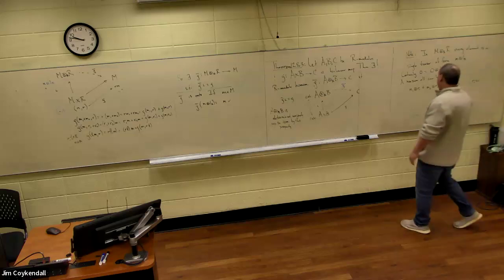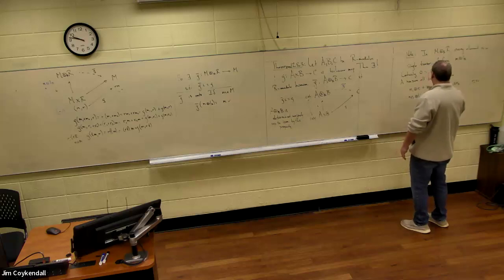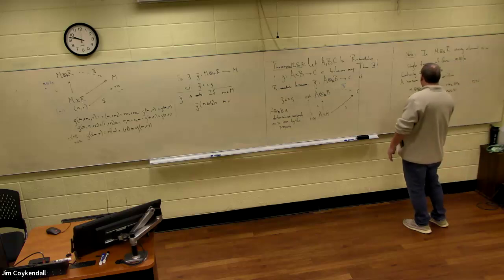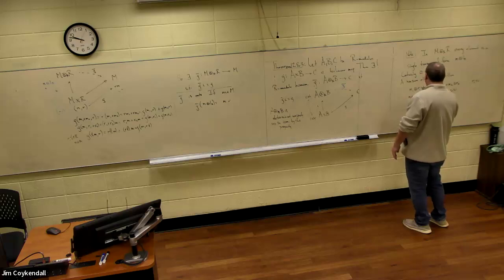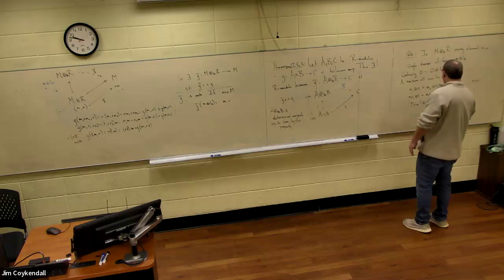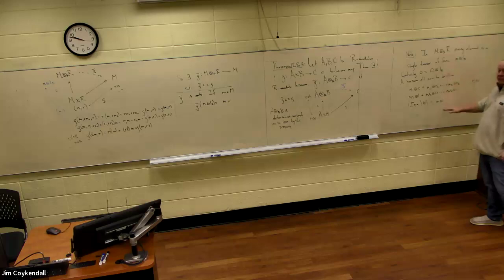And this is M1 R1 tensor 1, M2 R2 tensor 1, plus MK RK tensor 1, which is the sum of RI MI tensor 1, which is M tensor 1. So everything in this tensor product can actually be written in this special form.